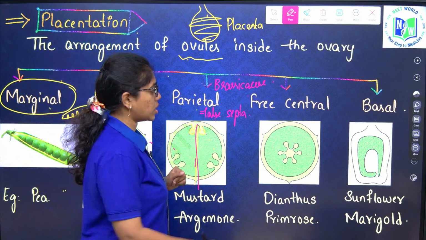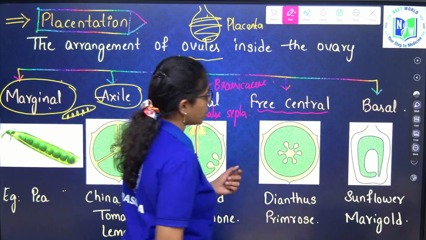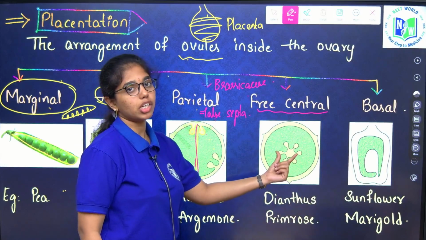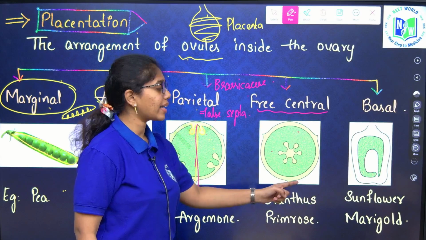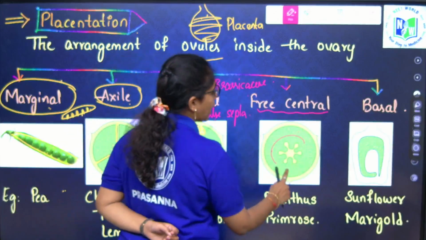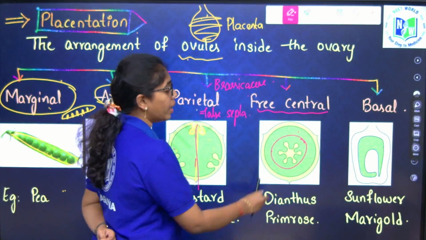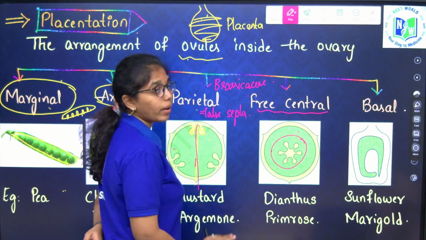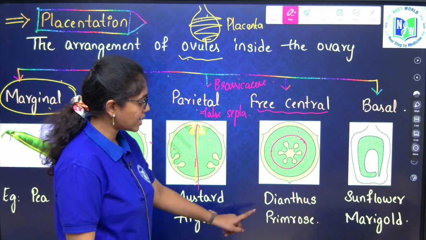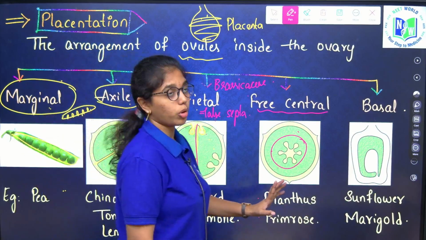Next, free central placentation. The ovules are arranged freely inside the placenta of the ovary, not attached to any membrane of the ovary, for example dianthus and primrose.